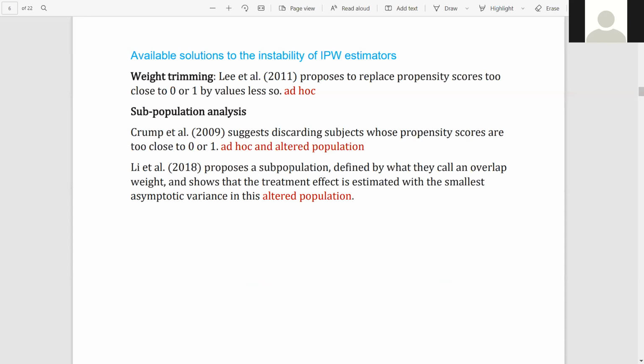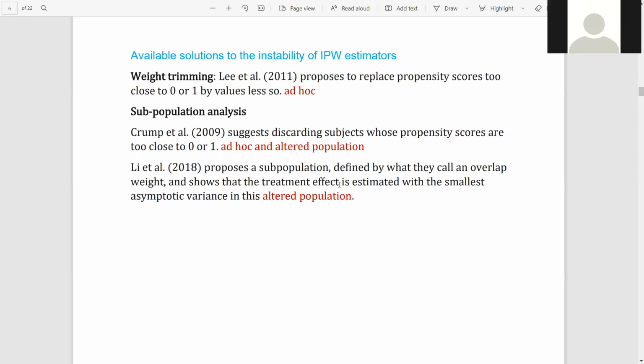It proposes a subpopulation that is in fact well defined, using a so-called overlap weight. They show that if you estimate the treatment effect in this well-defined subpopulation, then the variance is the smallest, which I verified with a simulation.